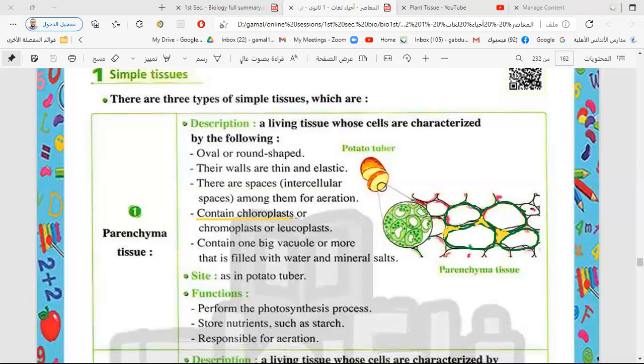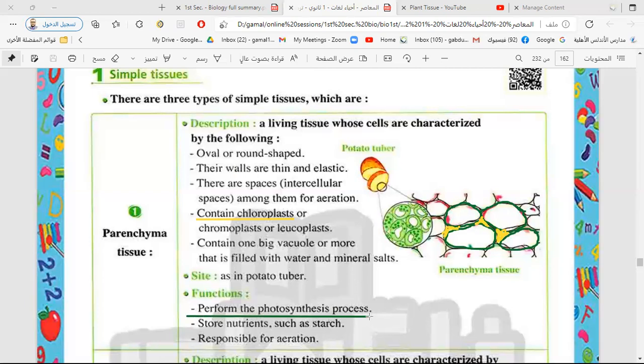So the chloroplasts, what is the function of the chloroplasts? They contain the chlorophyll and they carry out the photosynthesis process. So we can say a function of the parenchyma tissue is performing photosynthesis.